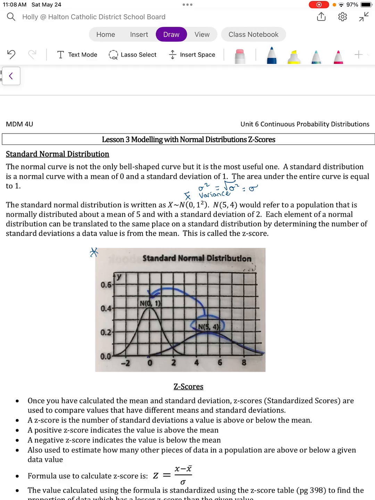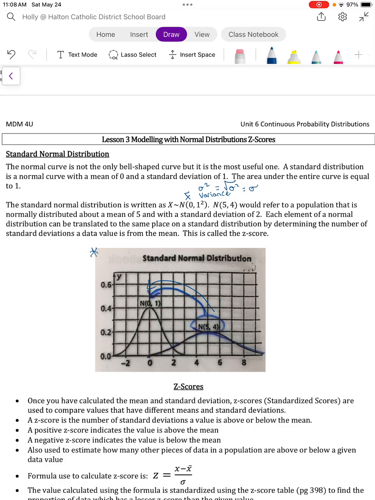Each element of a normal distribution can be translated to the same place on a standard distribution by determining the number of standard deviations a data value is from the mean. That's called your z-score. So basically we are seeing how far our data point is in comparison to the normal distribution curve.